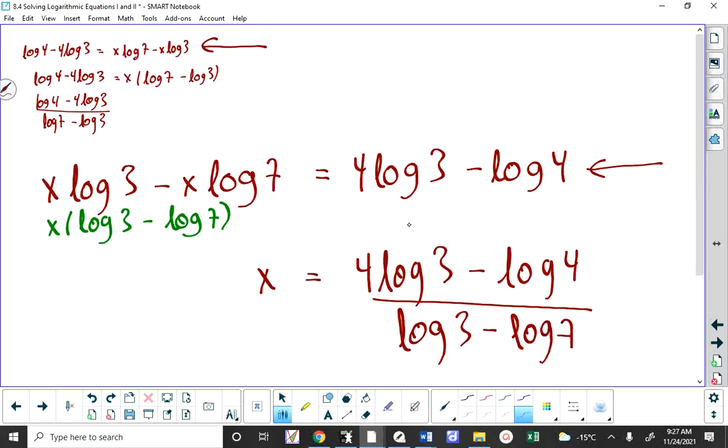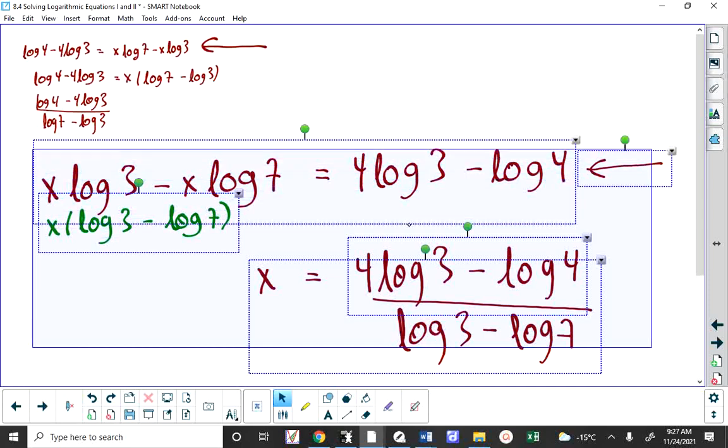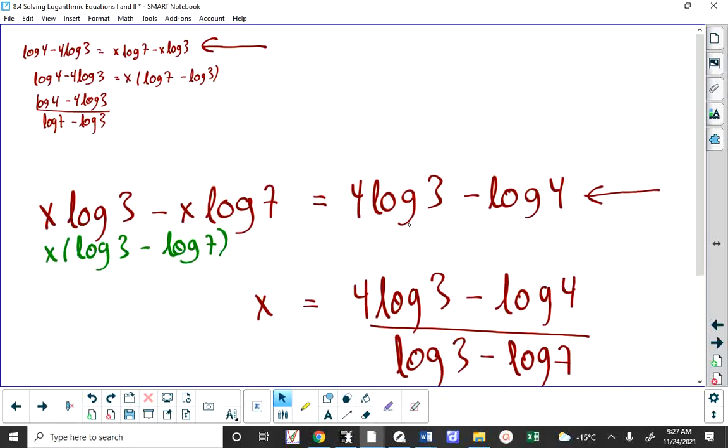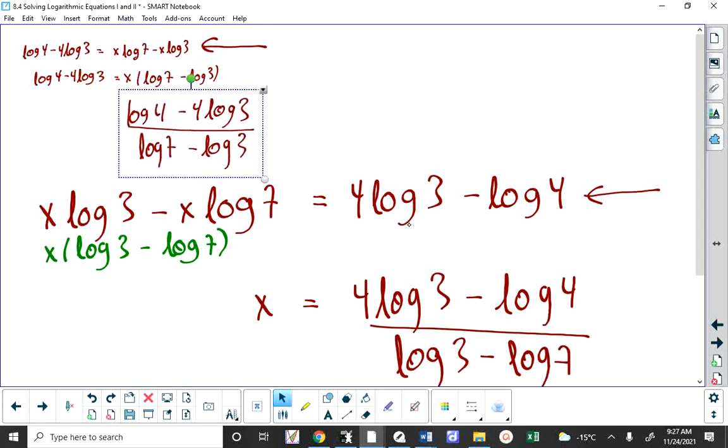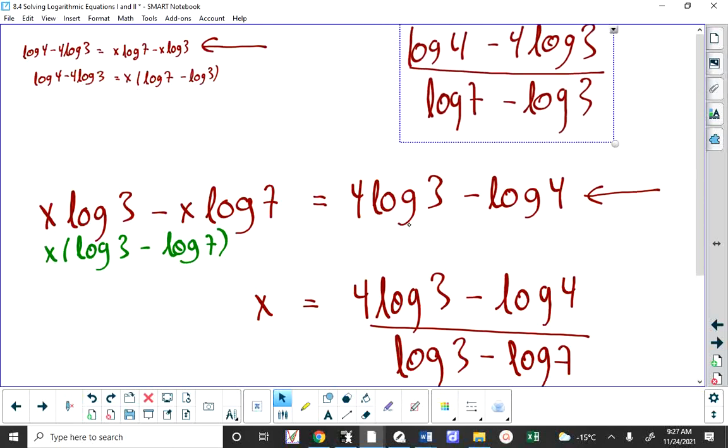And if you compare that to the answer up top, when we moved the x's to the right side, it's the same thing except every term on the top is negative and every term on the bottom is negative.